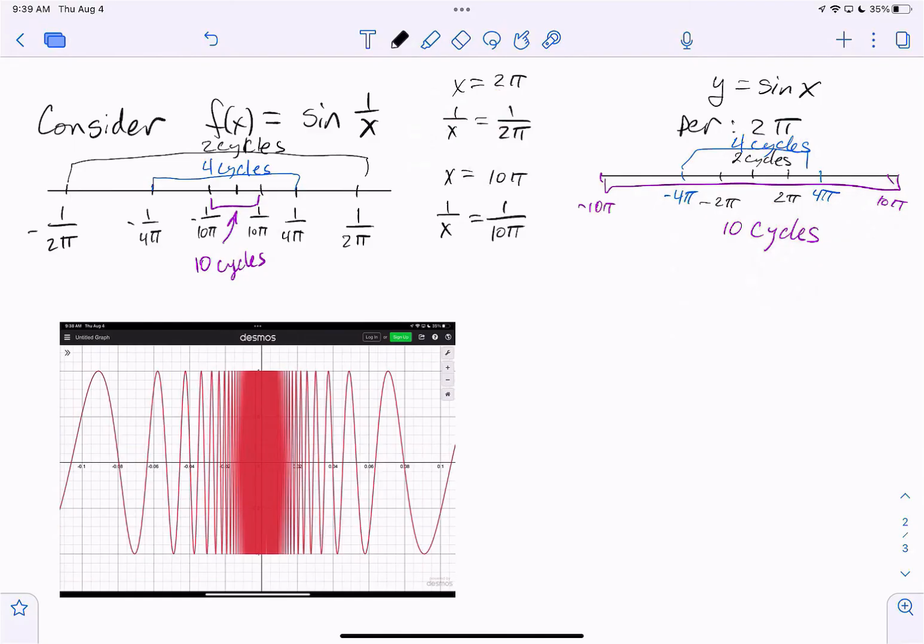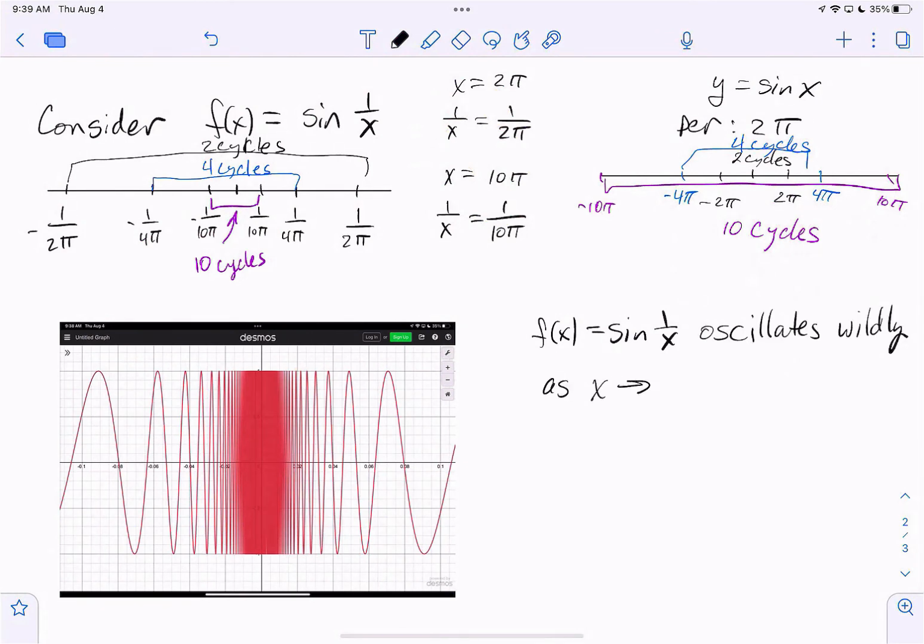So what we can say is that f of x equals the sine of 1 over x oscillates wildly as x approaches 0. Therefore, the limit as x approaches 0 of the sine of 1 over x does not exist.